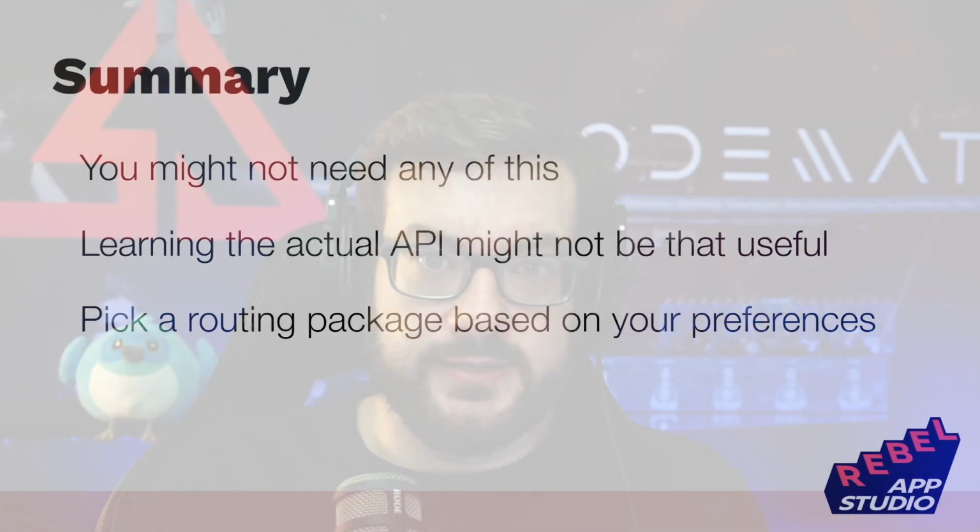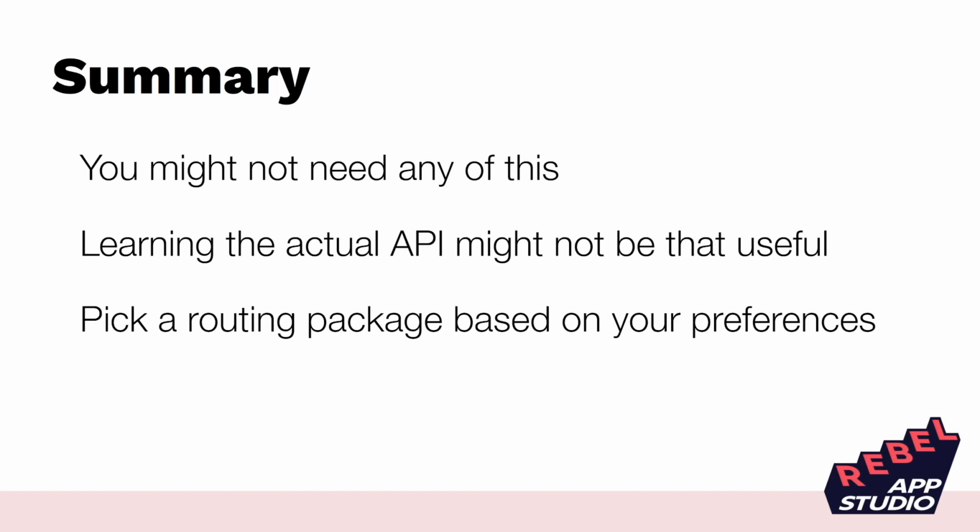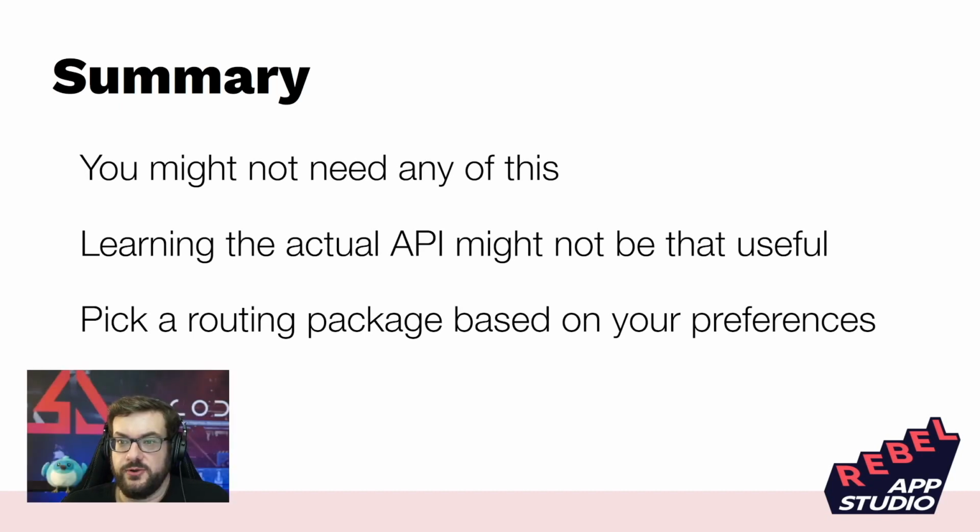Anyway, that's pretty much it for this tour around the routing API. Just time to look at a summary of what we have been through. And yeah, the main point here is you might not need any of this. If you do not run into the limitations of the classic Navigator API, if you don't need deep linking support, if you don't need web URL support, you might be able to just stick with the classic APIs and be absolutely fine.